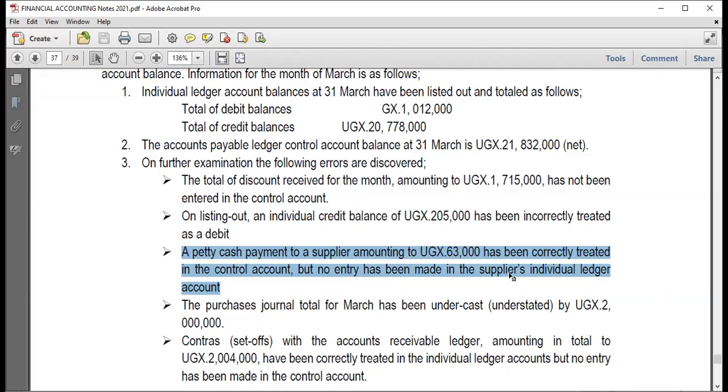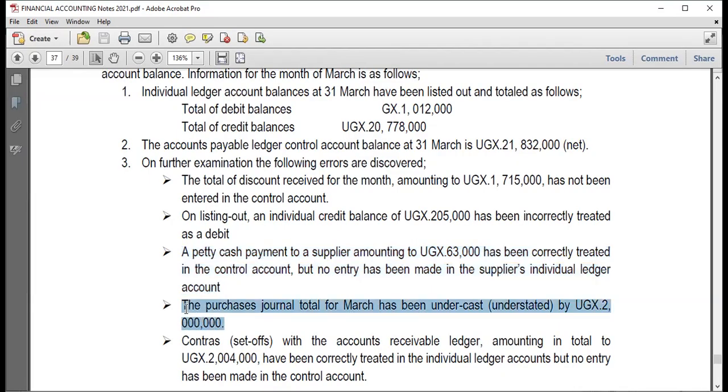As you saw, the error is not in the control account. The error is actually in the individual ledger account, as they are trying to tell us there. So we will also leave it out, and there would not be any adjustment.